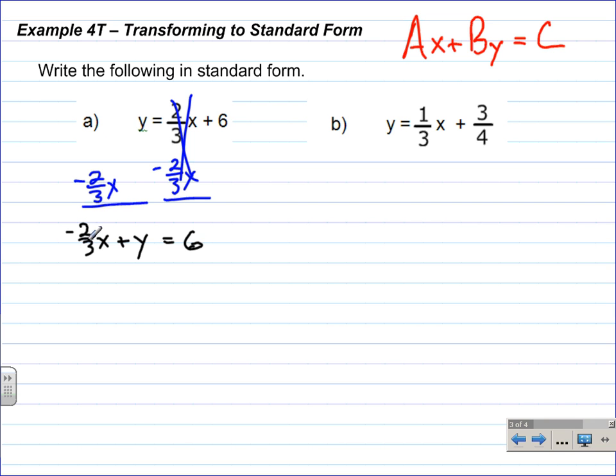What we have to do now is clear this equation of this fraction, and we need to make this positive. To do that, or to clear this denominator 3, we have to multiply the whole equation, or both sides of the equation, by 3.